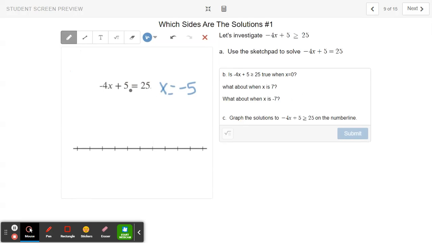Back here, when we solved x equals, we made the inequality equal. We made it an equation, and we know for this side to actually be 25, the answer for x has to be -5, right? So we know that that's like a boundary, so to speak. We know that's where this side equals this side, right?